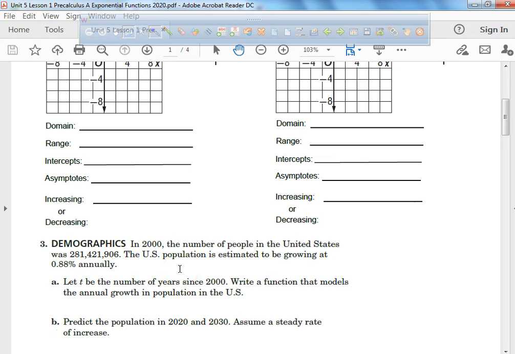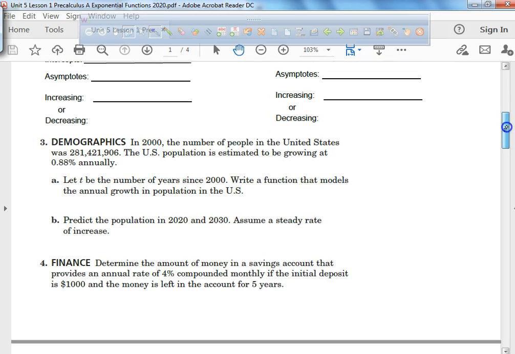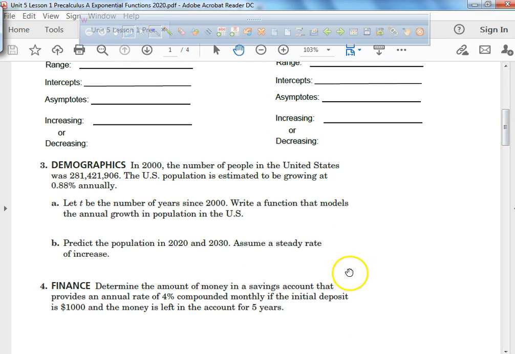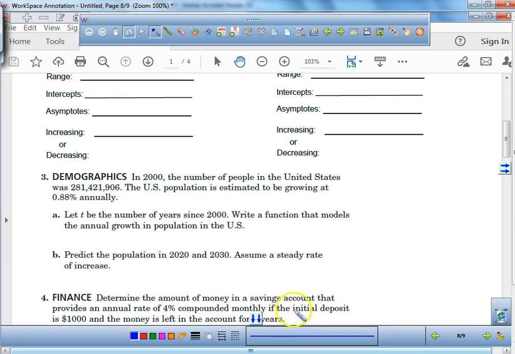All right, guys. Here we go. Last problem today. It says determine the amount of money in a savings account that provides an annual rate of 4% compounded monthly if the initial deposit is $1,000 and the money is left in the account for 5 years. Can you guys look for a formula on your paper that I gave you?